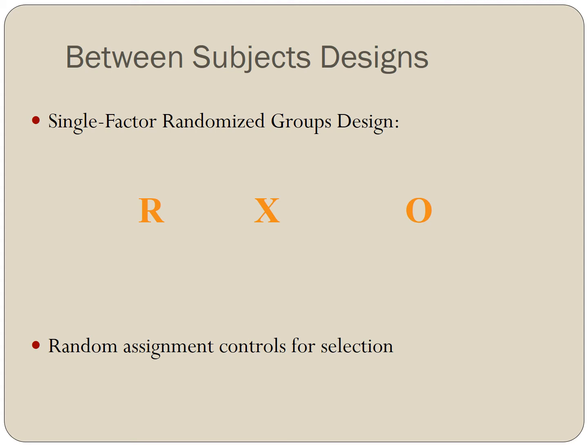That's what the first group looks like. The second group looks like R, randomized, because the second group is also randomly assigned to groups. No treatment, and then that O on the far right is an observation. So that's what a single factor randomized groups design looks like in Campbell and Stanley notation.